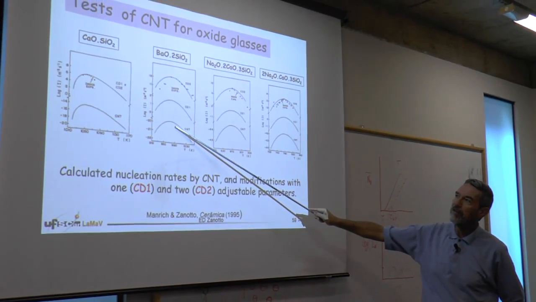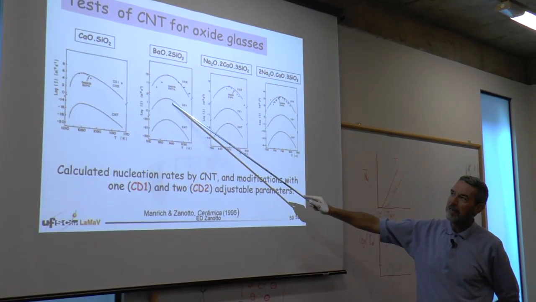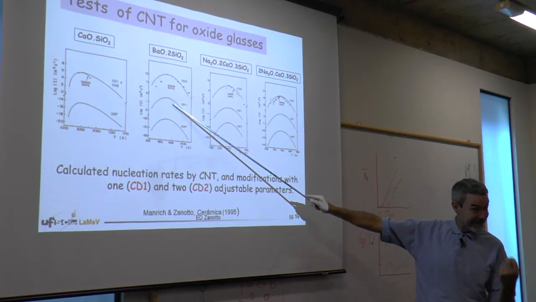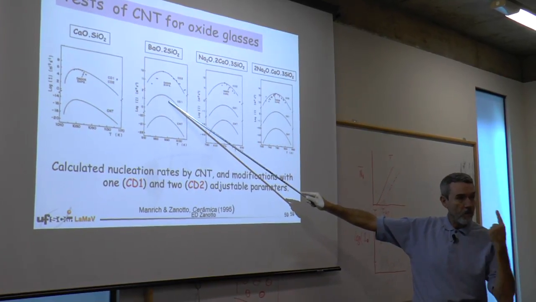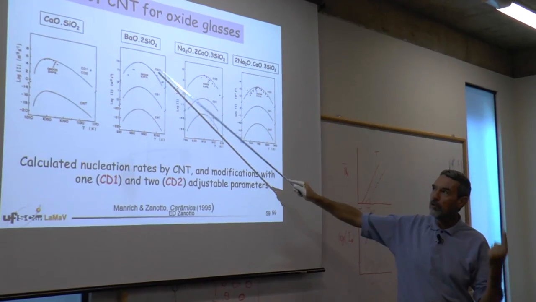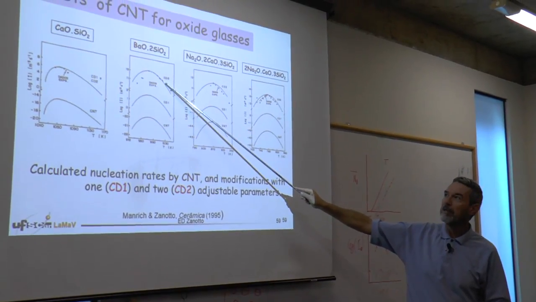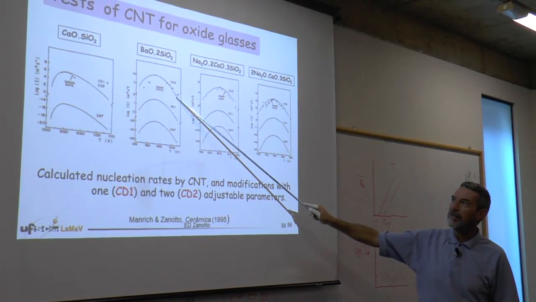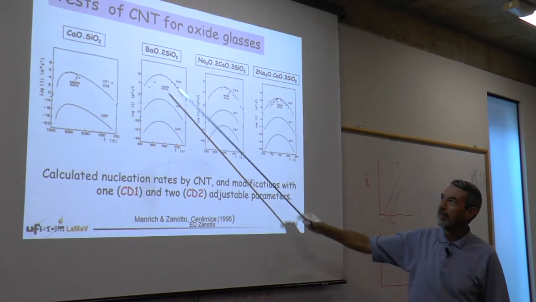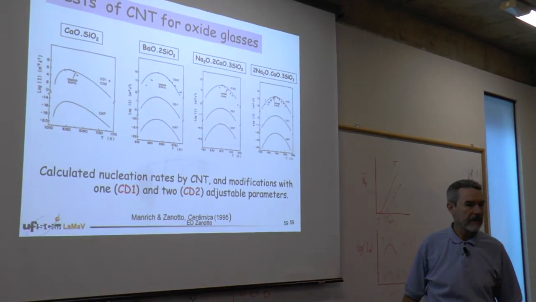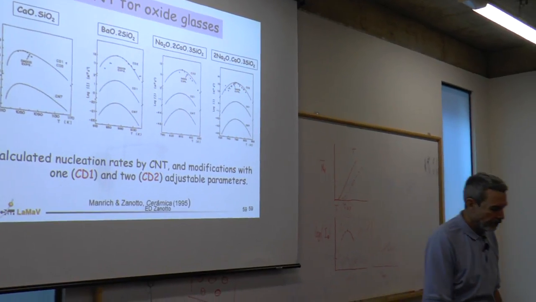Classical nucleation theory with a size-dependent sigma, one adjustable parameter, with two adjustable parameters, it underestimates here, overestimates here. For all of them, same results.